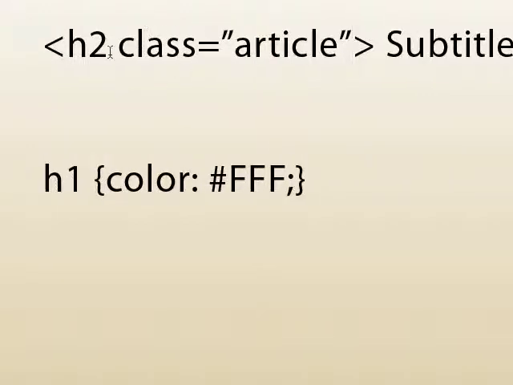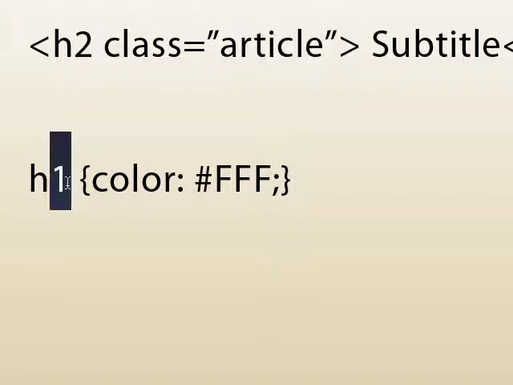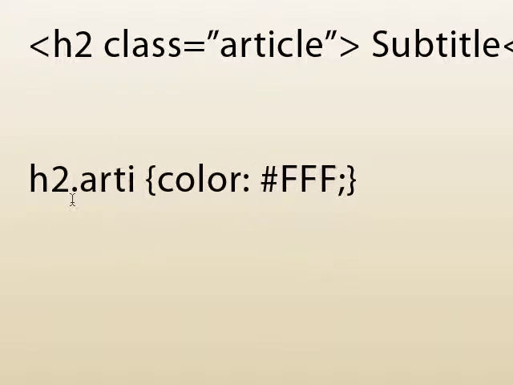I'll leave this one up because you need to understand that somehow I need CSS to know and target the H2s that are classed article. So what I would do in my CSS is I would say H2 dot article.